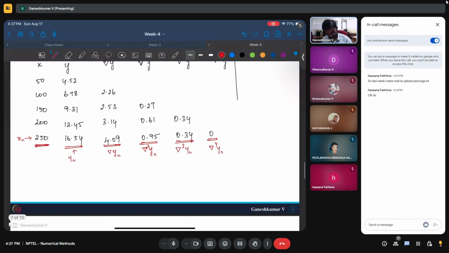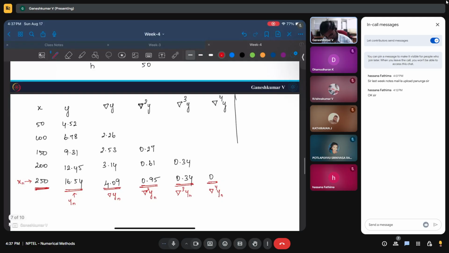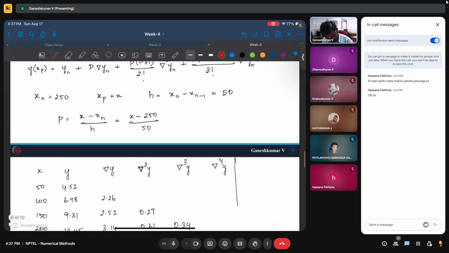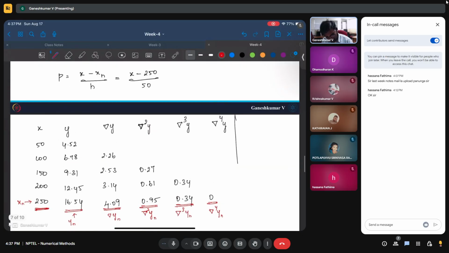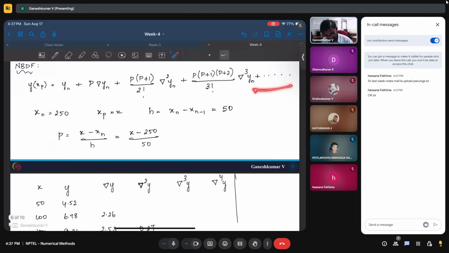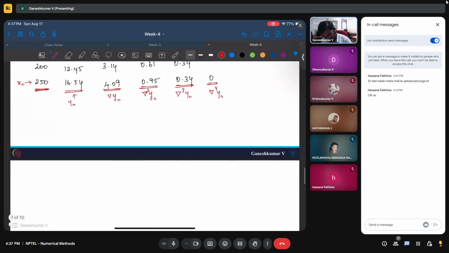Some interesting fact for you guys to think about. Now let's substitute it. I think we have everything. We do not need to do this nabla power 4 because it is 0, so we don't need this. So we need only these 4 terms.